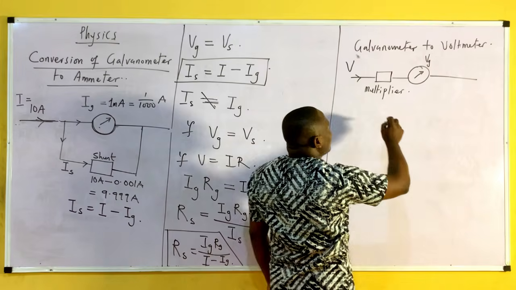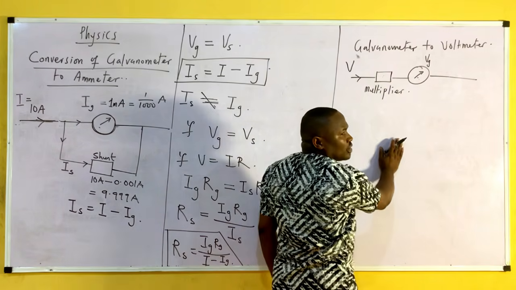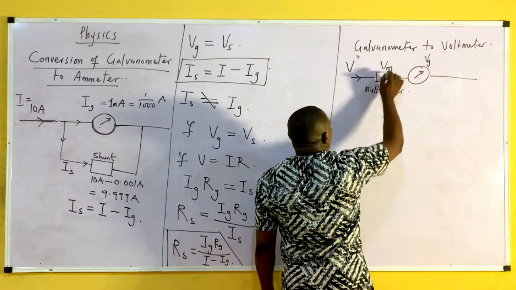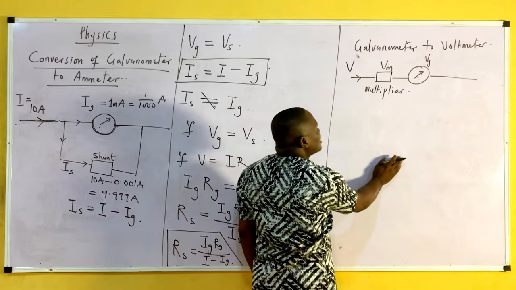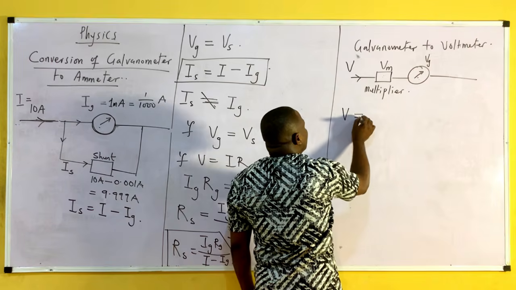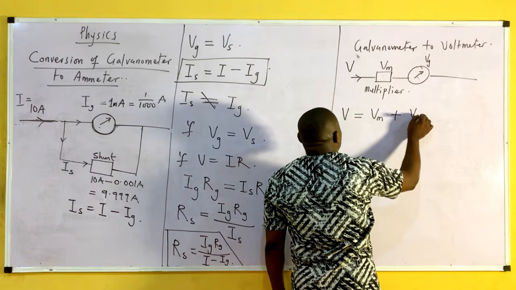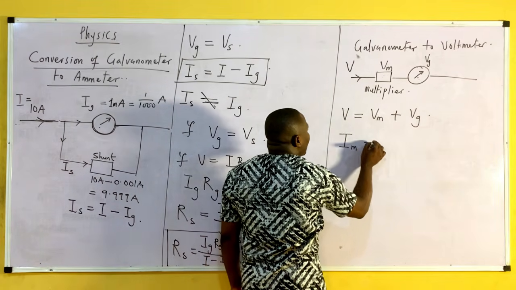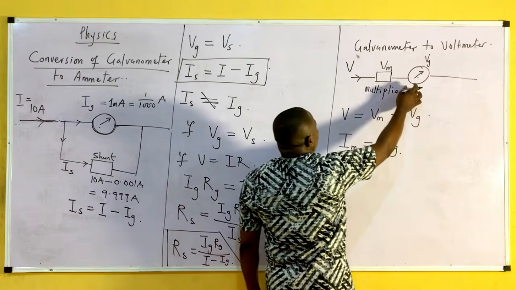Why connected in series? Why not in parallel? Because in series they have different voltage but the same current. So I have the voltage of the multiplier and the voltage of the galvanometer. My total voltage is equal to the voltage of the multiplier plus the voltage of the galvanometer. But the current in the multiplier is equal to the current in the galvanometer because they are in series.